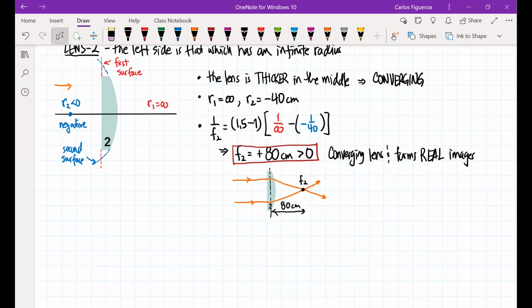Now, one of the things that we can ask is, what happens if we reverse the lens?